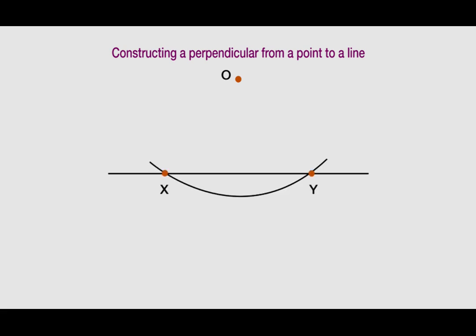Draw an arc to intersect the line at 2 points X and Y as shown. 3. With the compass point at X and using the radius of the length OX, draw an arc on the other side of the line.